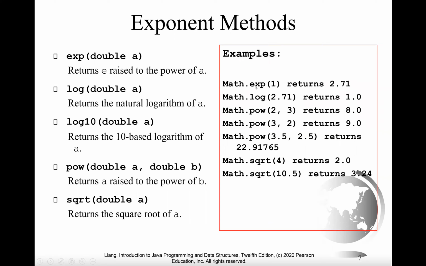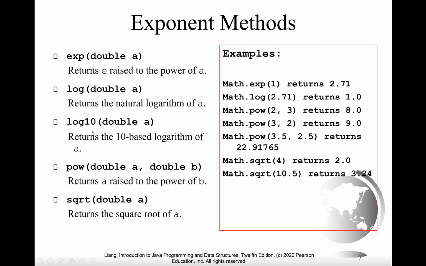For example, exp(1) returns 2.71, and log returns the natural logarithm, and that is the base e. So this is the natural logarithm. Math.log(2.71) returns 1.0, since 2.71 is the e value.